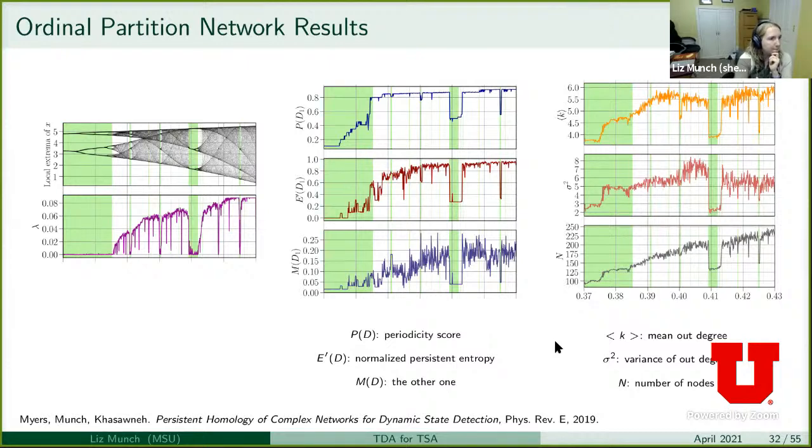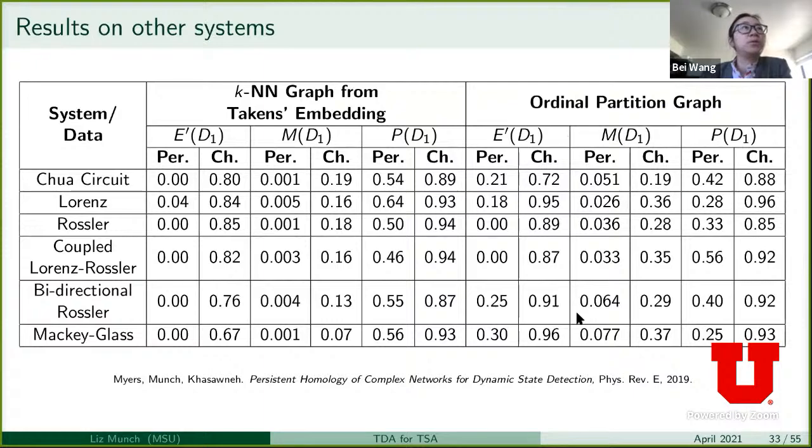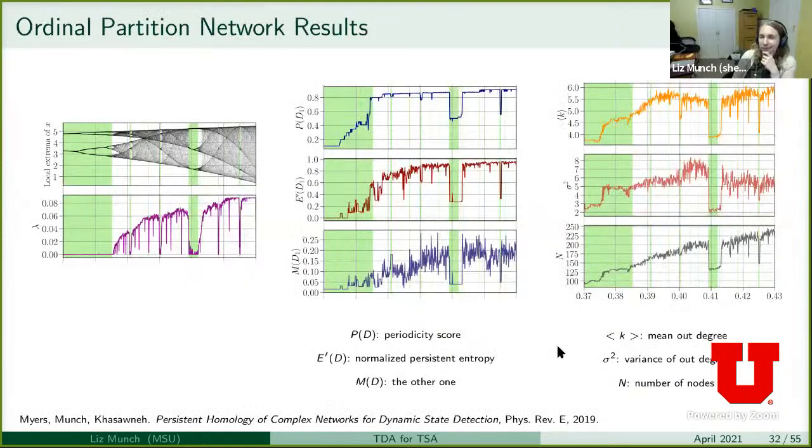Liz, can I ask a question here? Let's go back to the picture. The green regions are the regions that are periodic, is that right? Yeah, and the white regions are chaotic. And the x-axis is just different parameters as before.